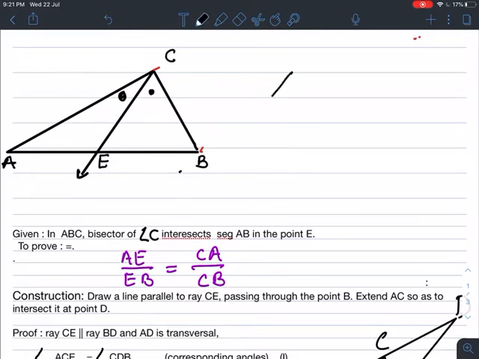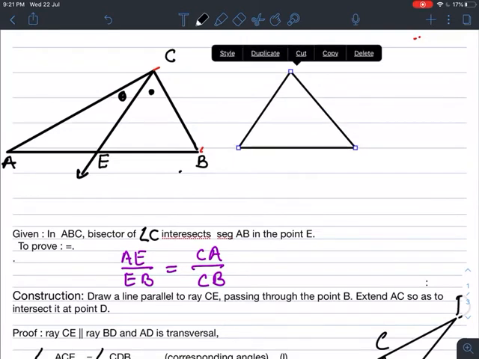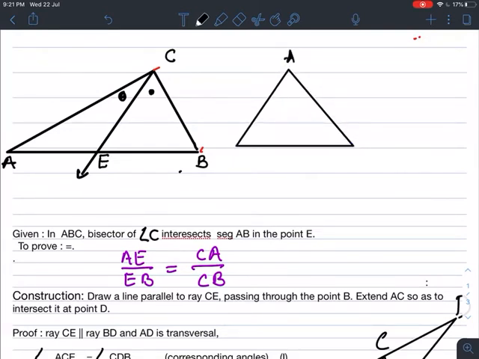Suppose the triangle is like this. I will name it ABC, and here I will draw the bisector of angle B. With the help of the above statement, we have to prove that this angle's bisector divides the opposite side into two parts, and the ratio AE upon EC is equal to the ratio of the remaining two sides, AB upon BC.